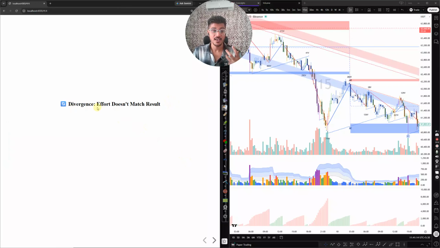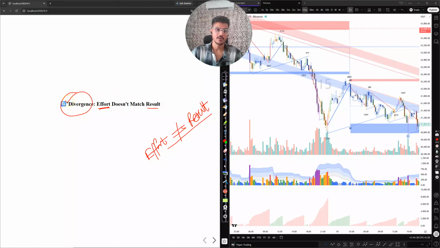Divergence is when effort doesn't match the result. When there is effort, and the result is not matching, then we call it divergence.